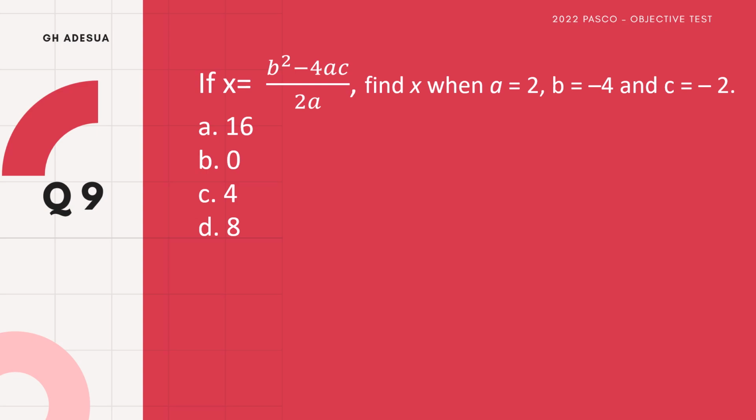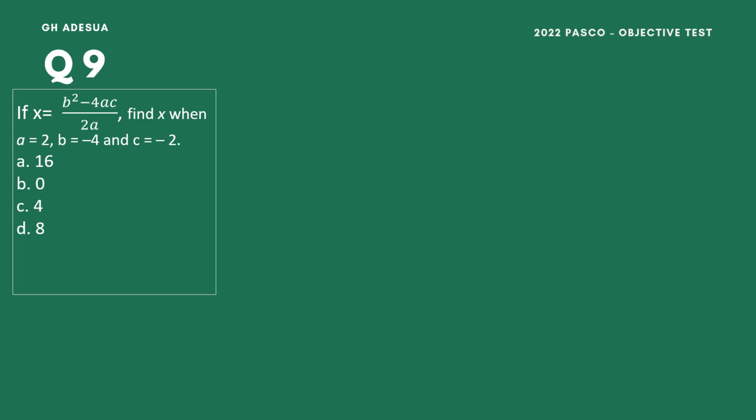What this question is telling us to do is to substitute the values of all the variables within the equation to find x.